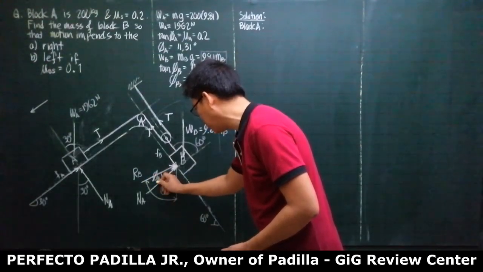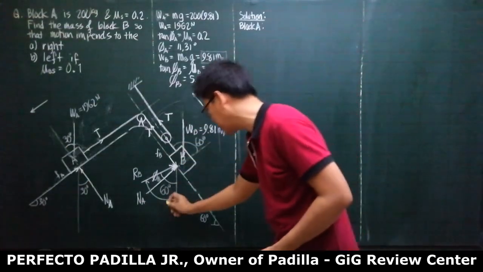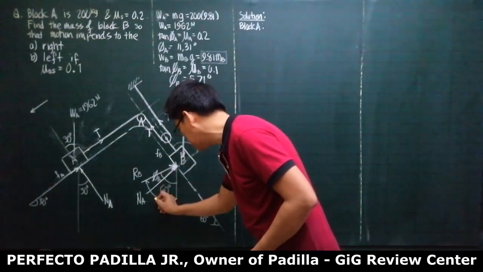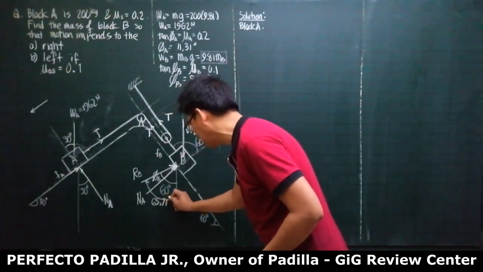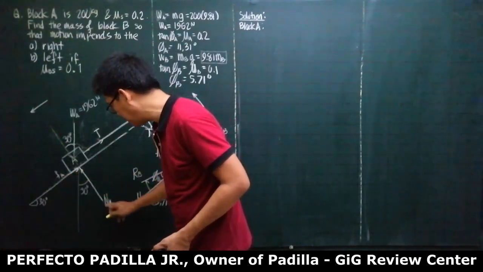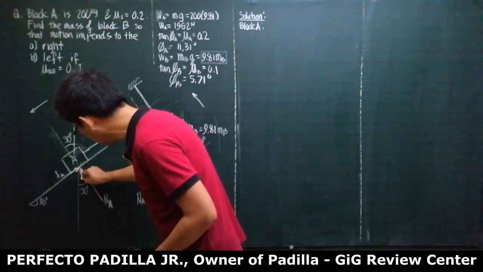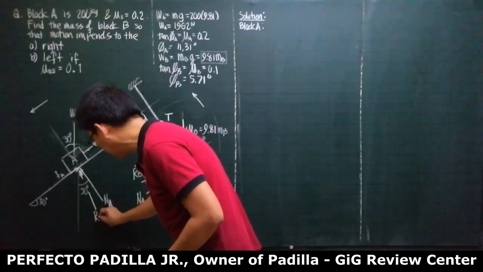This is the phi of angle B, which is equal to 5.71. 60 plus phi B, this is 65.71 degrees. So RA is between FA and NA, so it must be this one. This is RA.